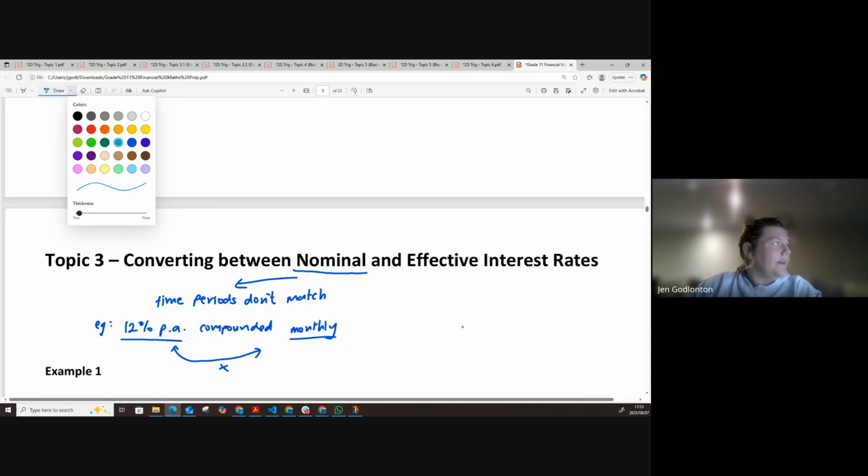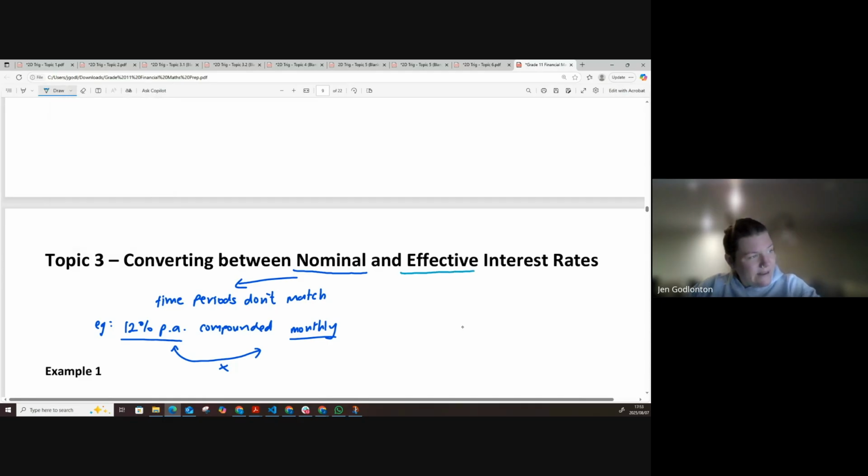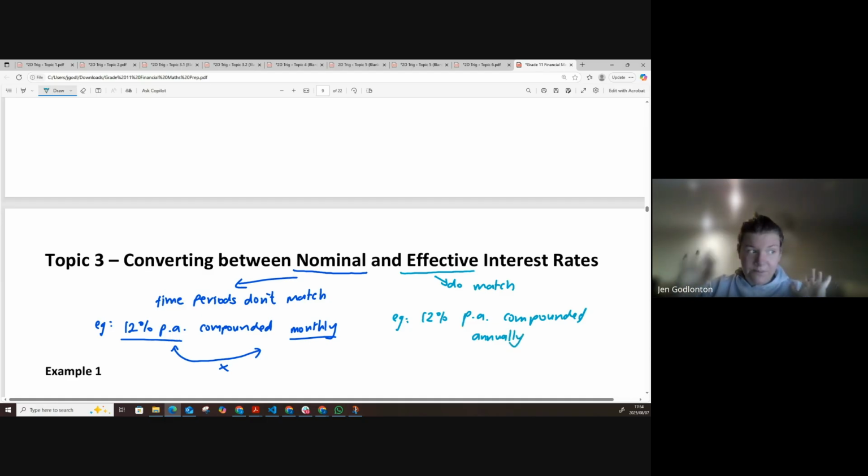Okay, so then an effective one is where they do match. So if I had 12% per annum compounded annually. Okay, that is the only sort of thing about nominal and effective. So these two do match, which makes it effective.